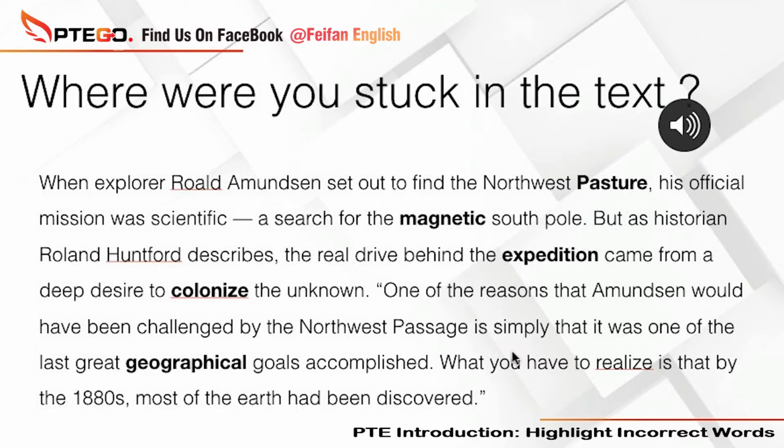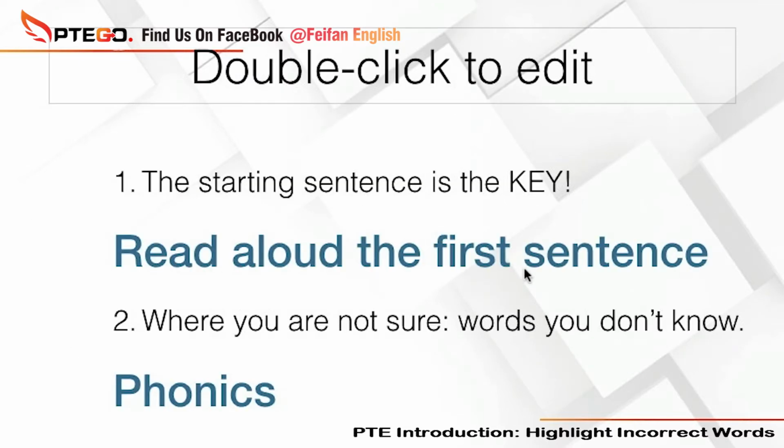So see where you're stuck. These are the difficult words, and there is a good chance that the speaker and the text do not match in such words. Then you need to understand what the speaker talked about.